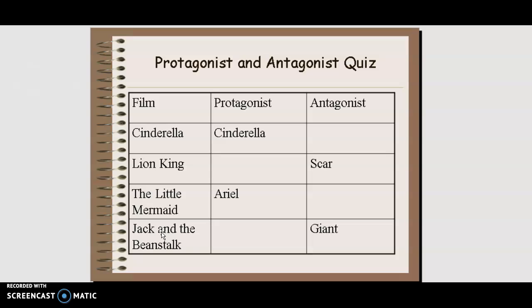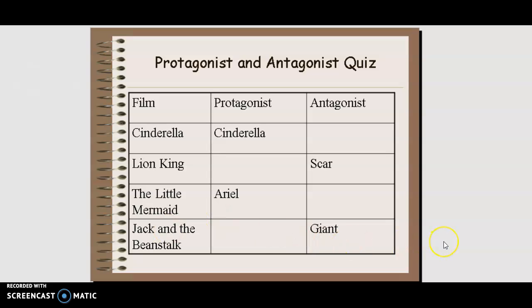Let's make this quiz. I'm going to give you 1 minute to think about the protagonist and the antagonist of these movies. Cinderella, the protagonist is Cinderella and the antagonist is, let's think about it. The Lion King. The protagonist is, and the antagonist is Scar. The Little Mermaid. Ariel is the protagonist. Who is the antagonist?